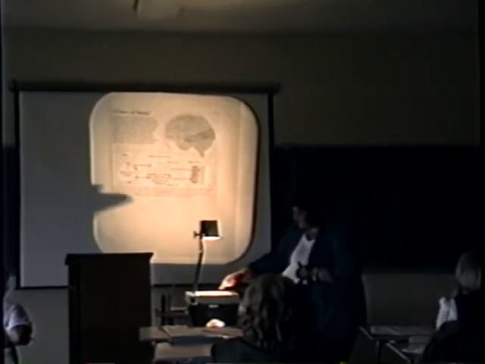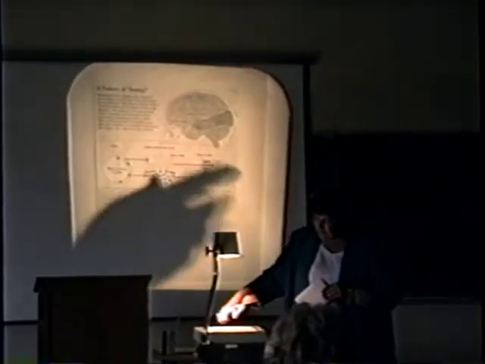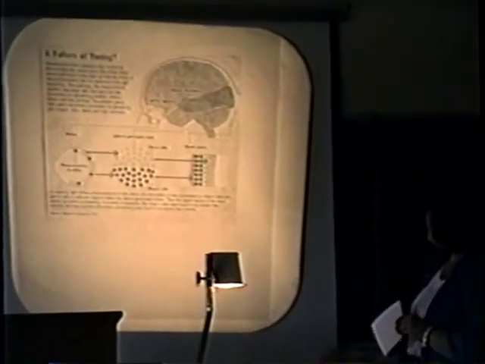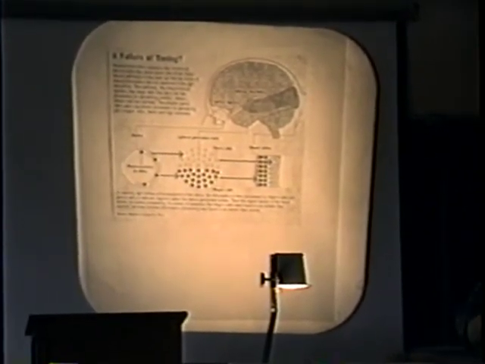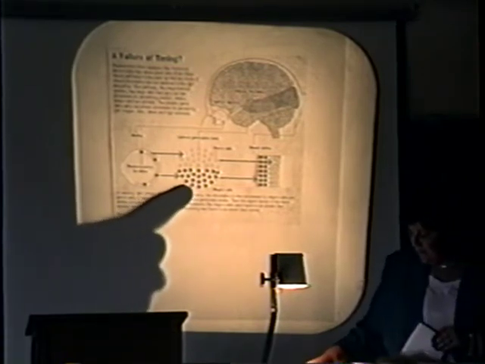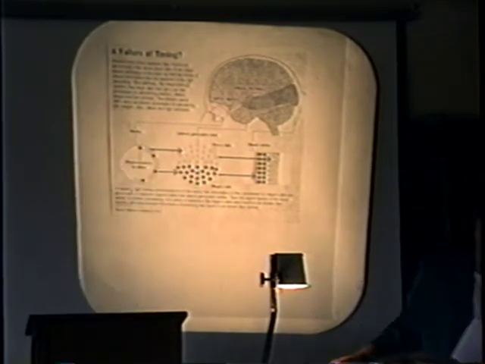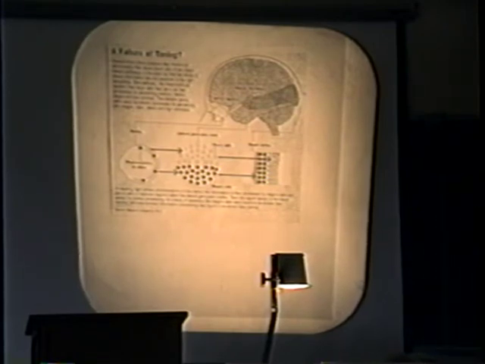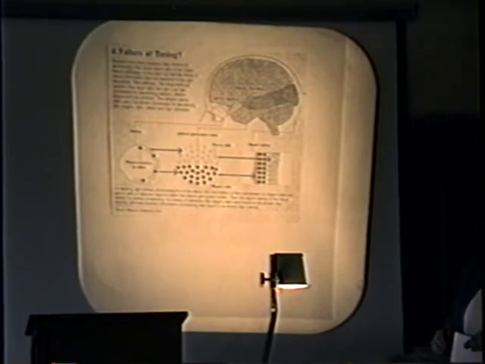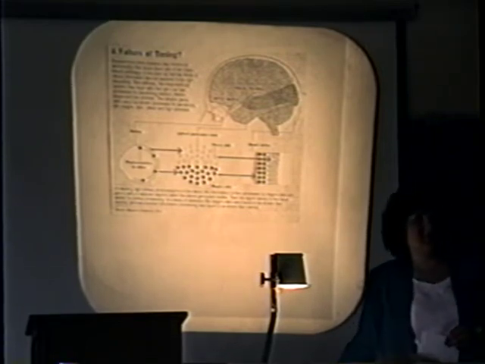This cellular system here, with parvo and magno cells, is supposed to discriminate information. And the magno cells in the brains of dyslexic students are larger than they're supposed to be, and they're disorganized.